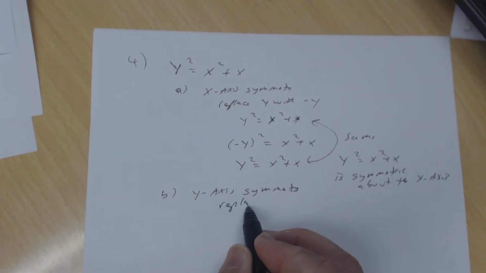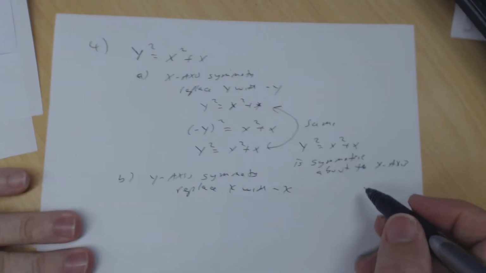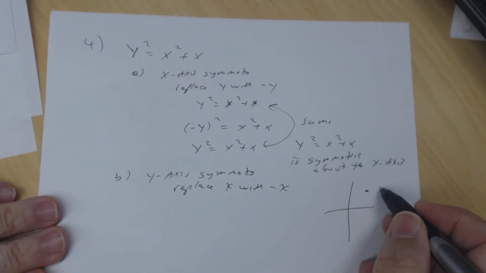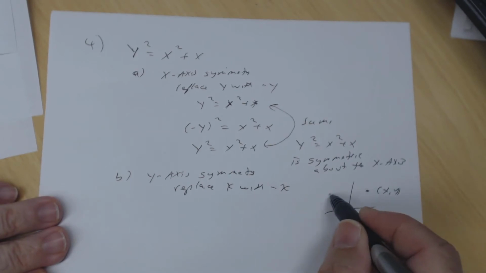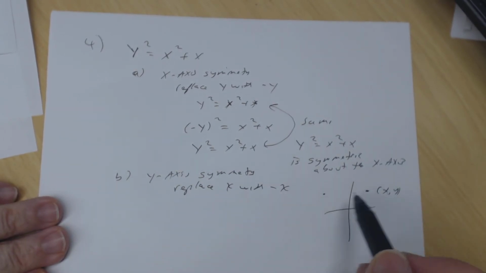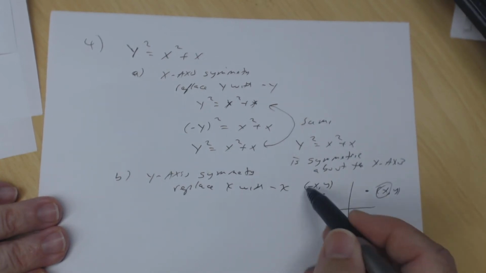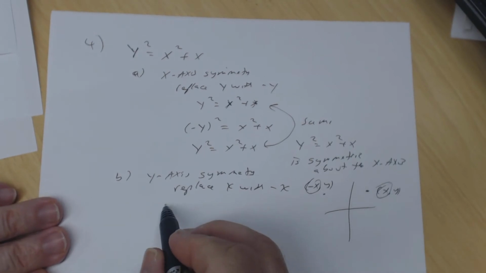So we're going to replace x with negative x this time. So remember, always think of this. If this is the point x, y, then remember we're talking about y-axis now, so reflect about the y-axis, then the point negative x, y has to be on the graph.